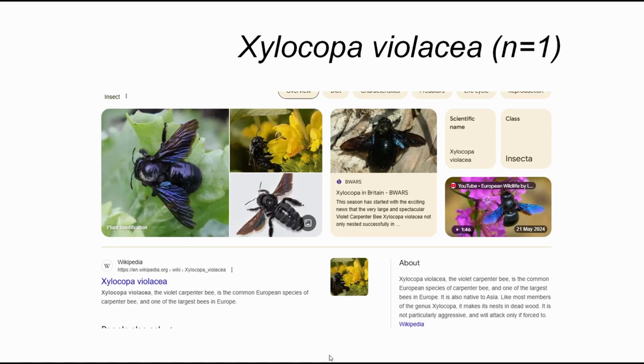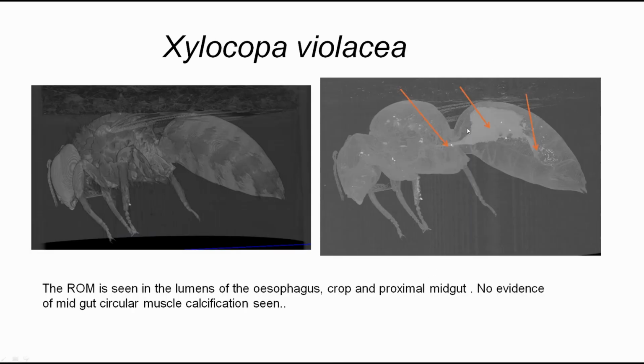Finally, we looked at one of the largest of the European bees, the carpenter bee. Now, it interestingly had lots of radiopaque material, particularly in the distal esophagus, the petiolar esophagus, and the crop, and a little bit in the proximal midgut, but there was no evidence of muscle calcification.